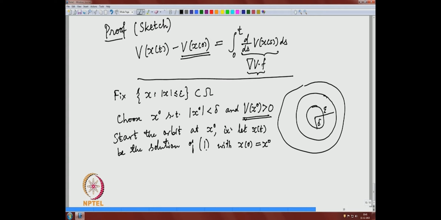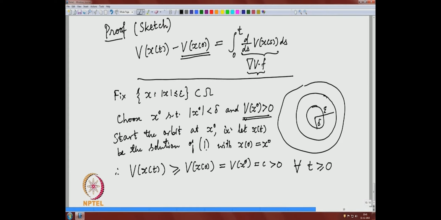So, then by hypothesis, second hypothesis, and therefore by the fundamental theorem of integral calculus and the assumption, we see that this is bigger than or equal to V of x 0. So, this is V of x 0, and call this c, and this is positive. Okay. So, this is true for all t bigger than or equal to 0. So, that is important.